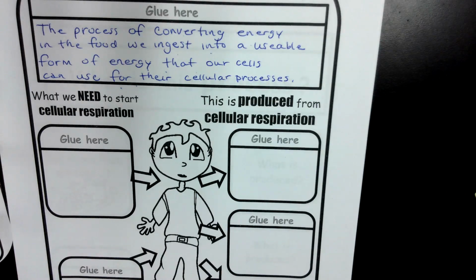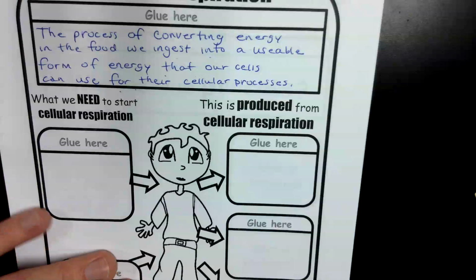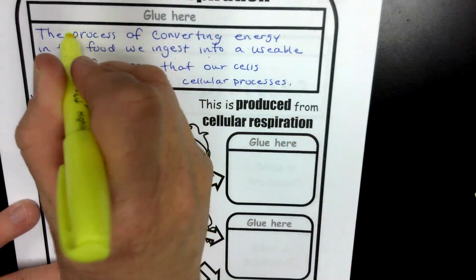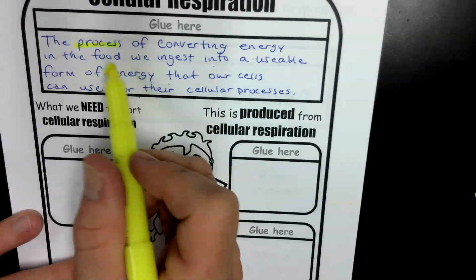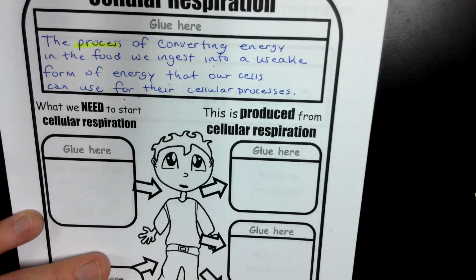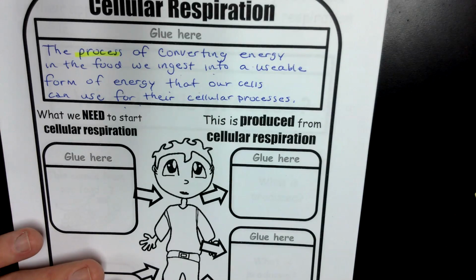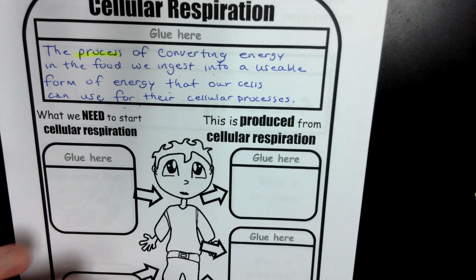I'm going to highlight this, and you can do this as well. I'll leave the highlighters out. So it's a process. So it's a series of steps, right? And we talked about how there's 2 steps in cellular respiration. The first one starts in the cytoplasm, and the second one starts in the mitochondria.